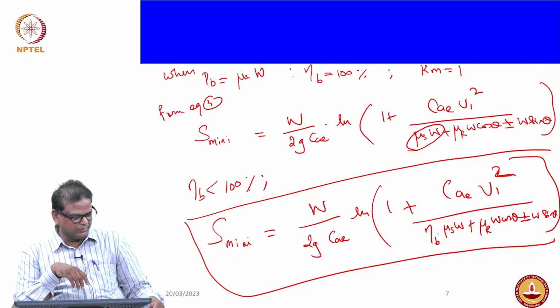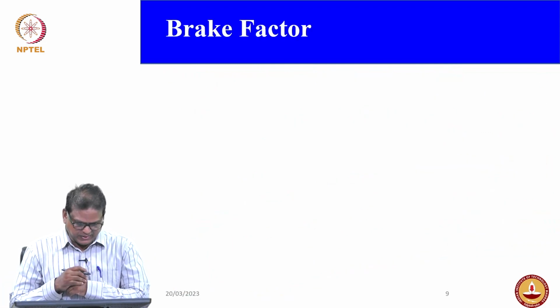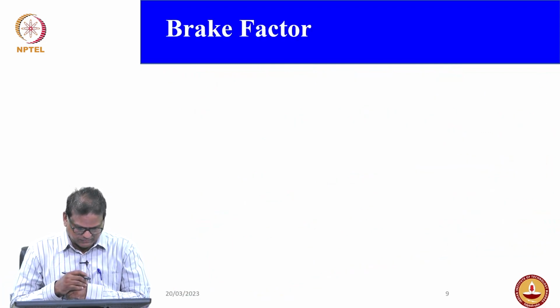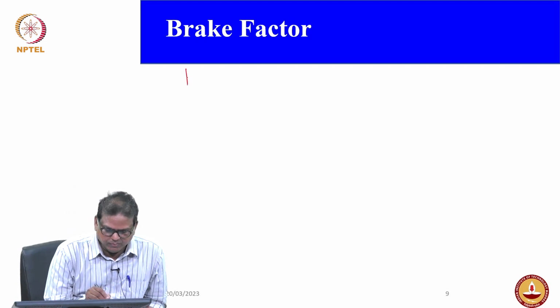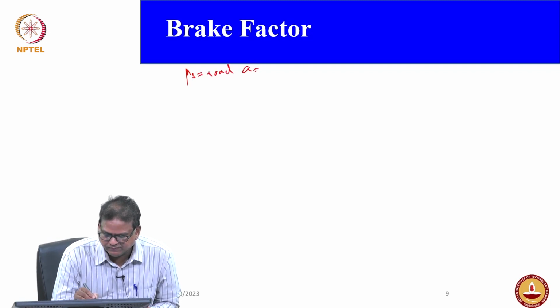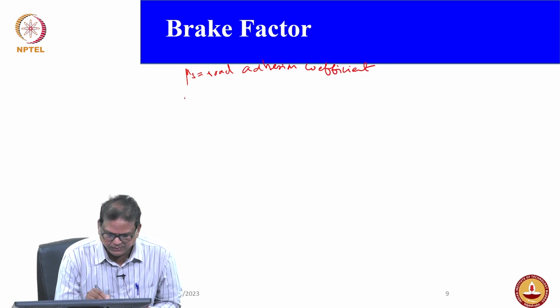Now we'll move on to the brake factor. I just want to recap what exactly is happening. We know mu s is your road adhesion coefficient, which is already known to us. Mu r is the rolling resistance coefficient.